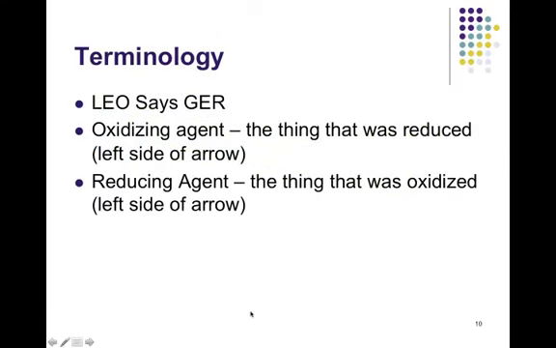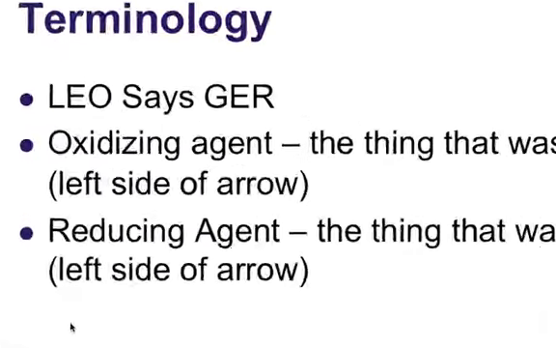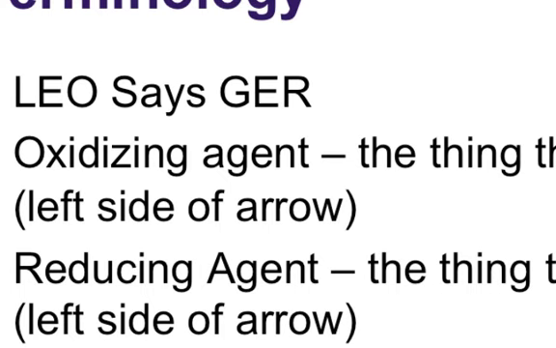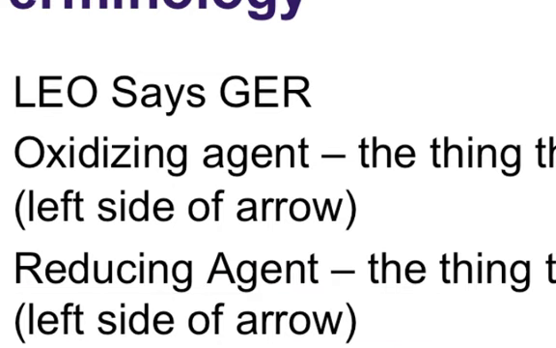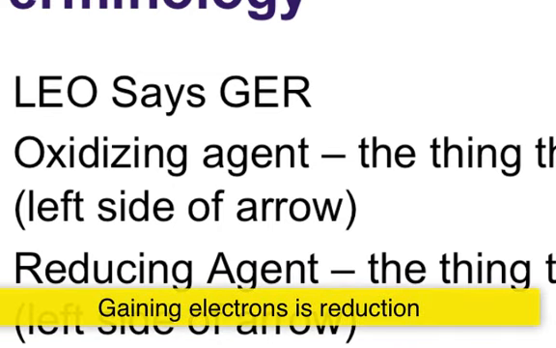All right, a couple things to remember that you want to go ahead and get in your notes. LEO says GER. LEO says GER means losing electrons is oxidation, and gaining electrons is reduction.